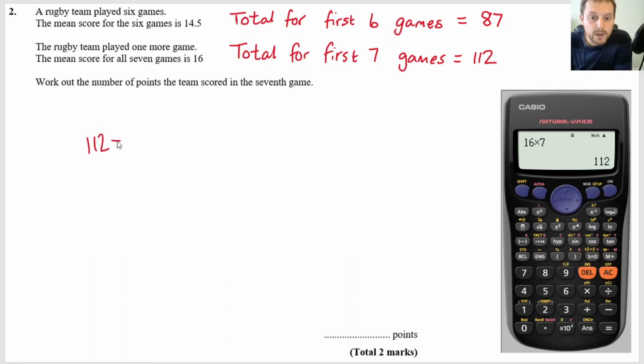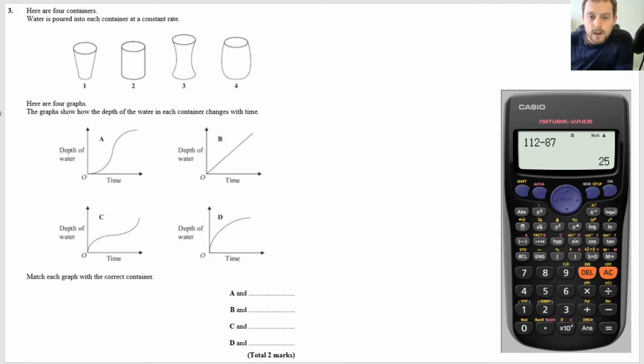The way I'm going to work that out is by doing 112 take away 87. So that's 25. So there were 25 points scored in the 7th game. That's quite similar to the one you saw in class. Hopefully you could remember the method to answer that.